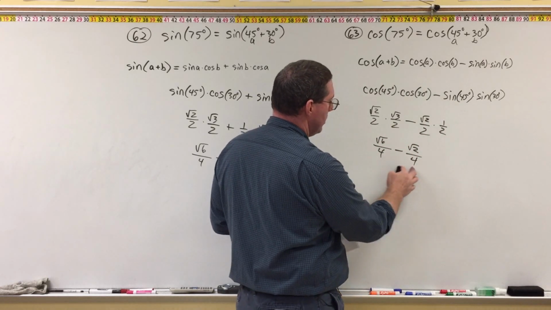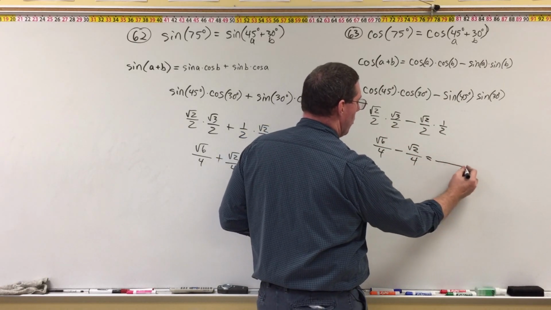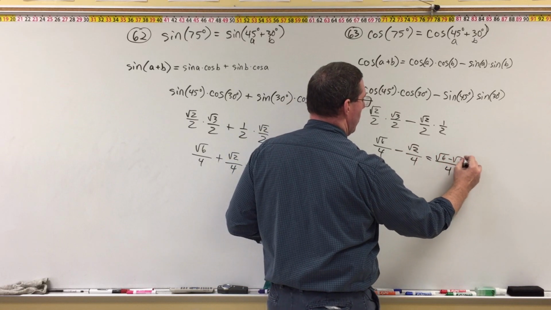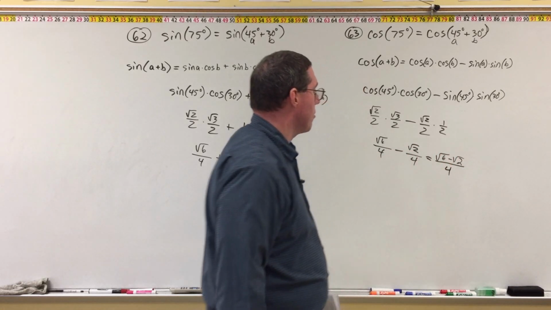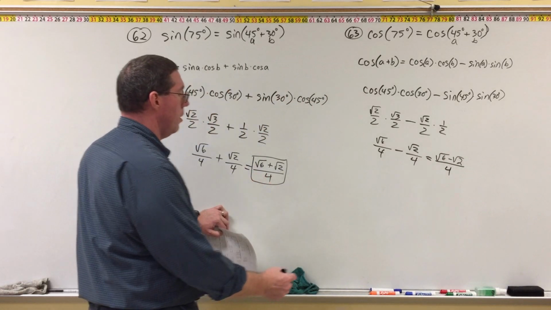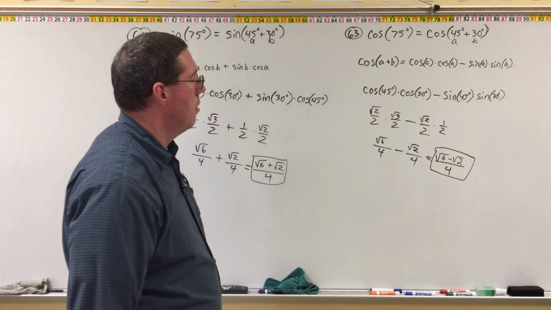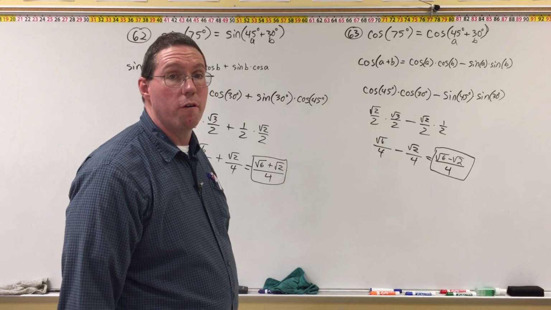And now common denominator is 4. Square root of 6 minus square root of 2. And so this one is square root of 6 minus square root of 2, where this one is square root of 6 plus square root of 2. So cosine of 75 degrees is square root of 6 minus square root of 2 over 4.